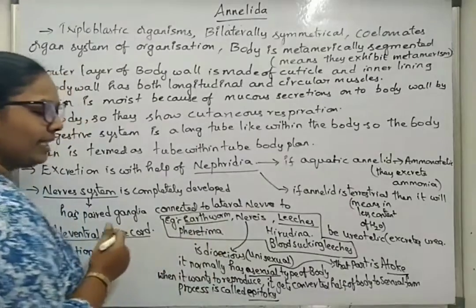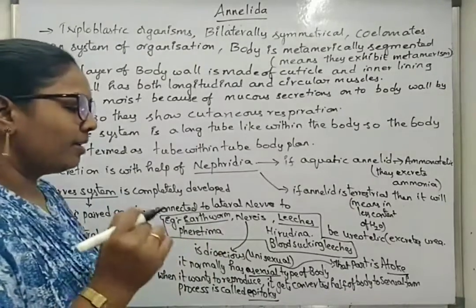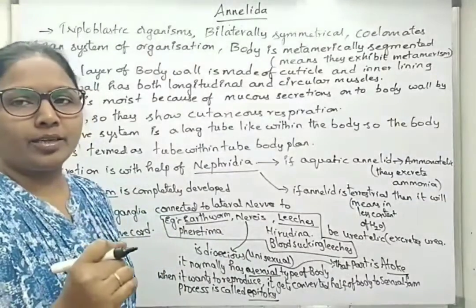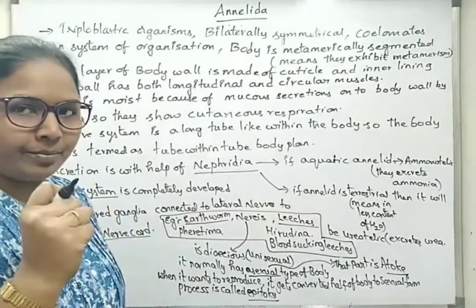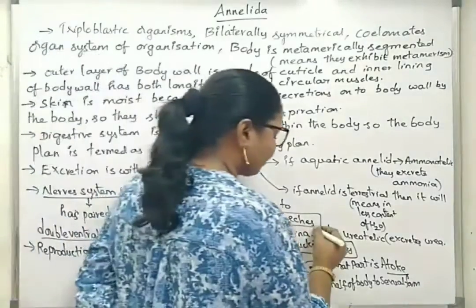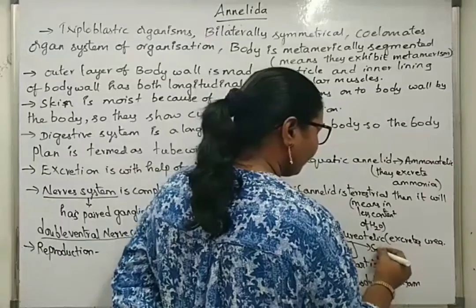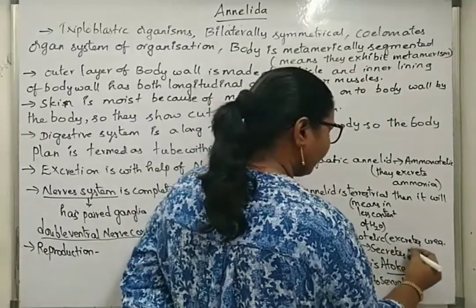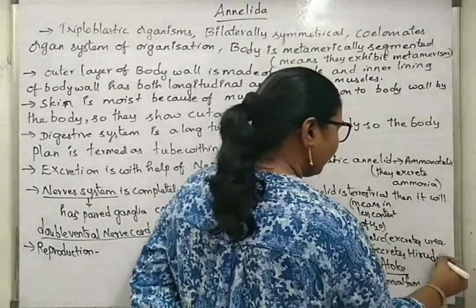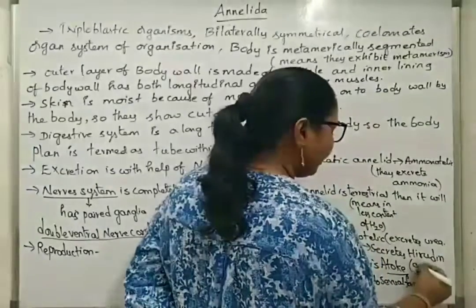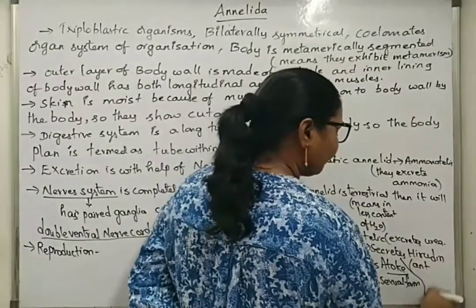Leeches secrete hirudin, which is an anticoagulant, before sucking blood from the host. Hirudin is an anticoagulant.